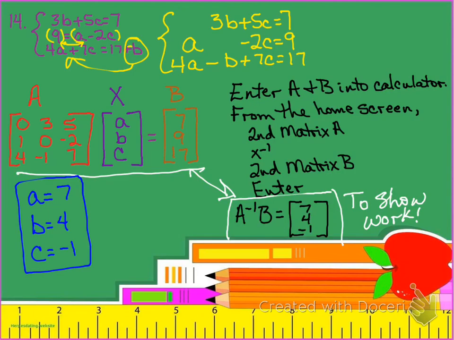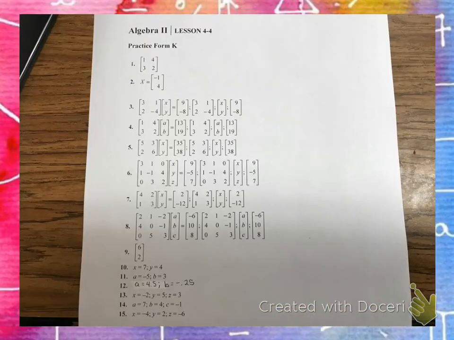Okay. The answer key is right here. You can see that we did get that answer key fixed for number 12. As far as I know, the rest of it all seems to be correct. If you have anything that you think might be incorrect, text me.